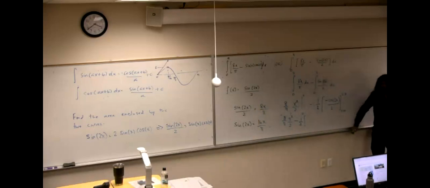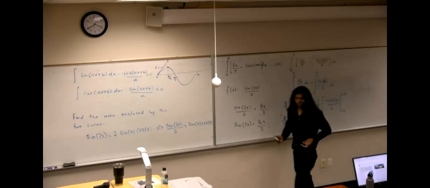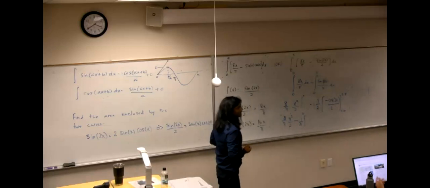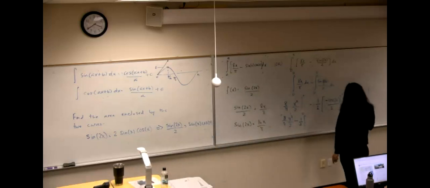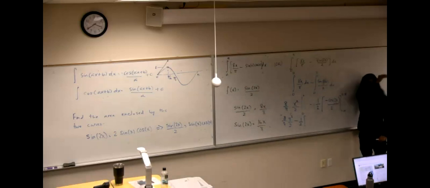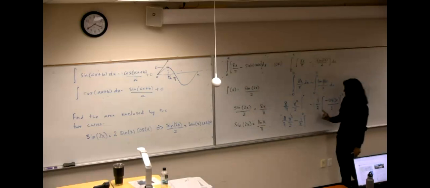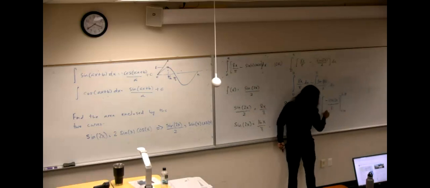Plug in the upper limit, what is cosine 2 pi? Cosine 2 pi. 0 or 1? It's one. So on the cosine curve, that's 1. So upper limit, I'll have minus 1 over 2.